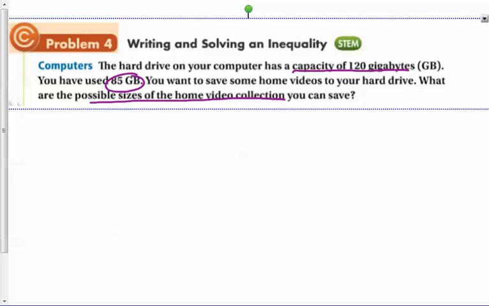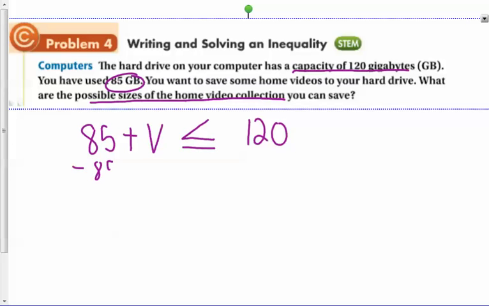So when I'm doing this, I'm going to use V for video. I know that I have 85 total, so 85 plus what more I can have has to be less than or equal to 120 gigabytes. Does that make sense? In this case, I'm going to subtract 85 from both sides. And now I get V is less than or equal to 120 take away 85, which is 35.